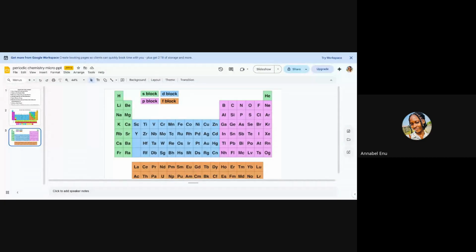And so they will act the same way. So that is a brief introduction of what a periodic table is all about. Like I said, the periodic table is arranged in groups and in columns. The groups are from top to bottom.